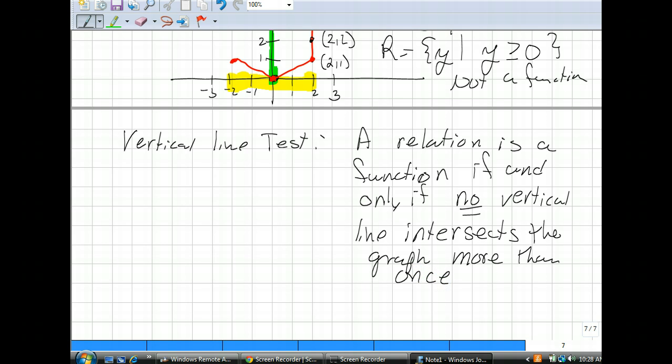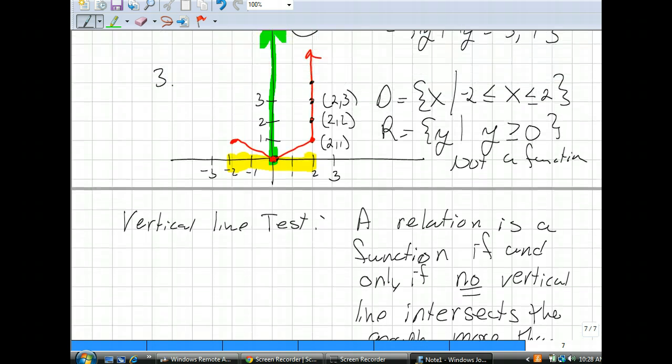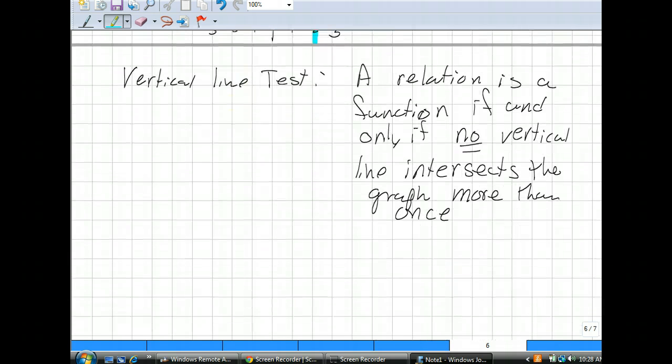Okay, so for instance, going back to this one here, if I did a vertical line, let me do a different color. If I did a vertical line right here, it intersects the graph at infinite points, so that's definitely not a function.